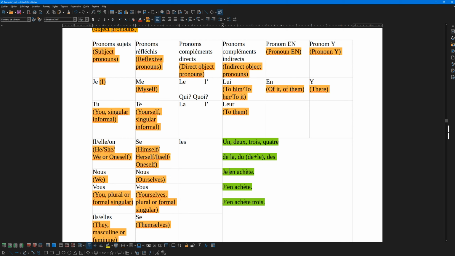Again, it will be je ne. But you have here je ne en. You have two vowels together. I'll put an apostrophe. Je n'en achète, and what is missing is the pas. Je n'en achète pas. I can do for you also the near future.